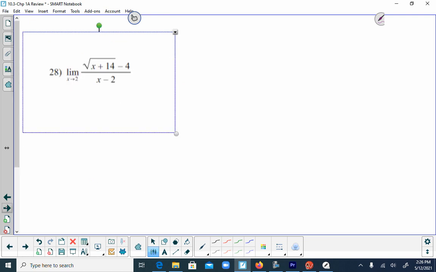Okay, the next one, I'm finding the limit as x approaches 2. Again, I'd get 0 over 0. This one has a square root, which means I'm going to multiply by the conjugate. So plus 4, I'm going to multiply both the numerator and the denominator by that. And when I do that, I'm still taking the limit as x approaches 2.